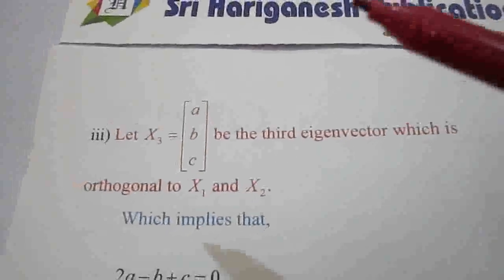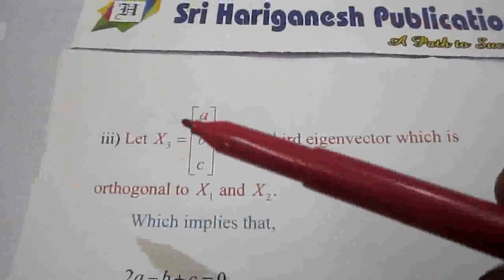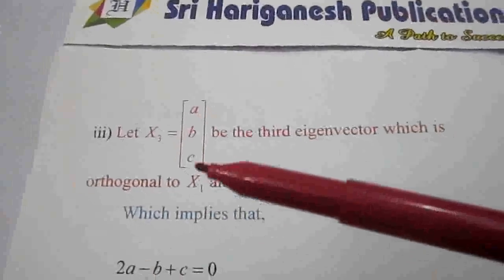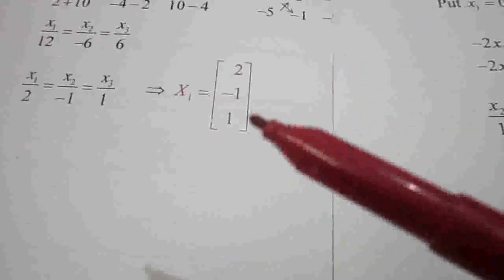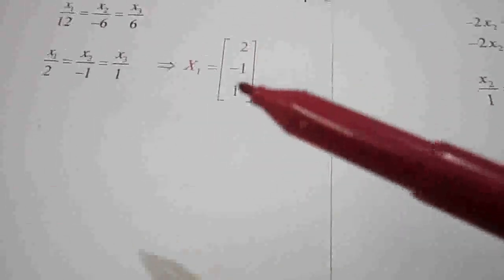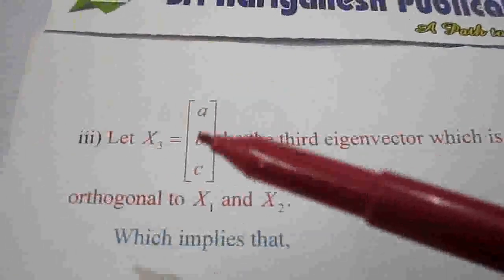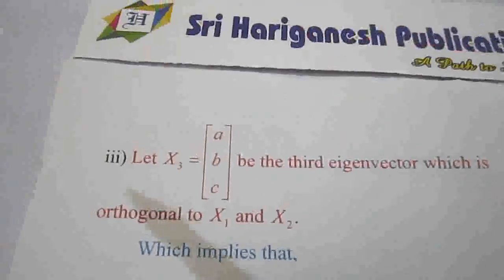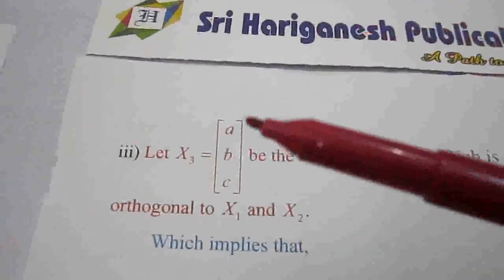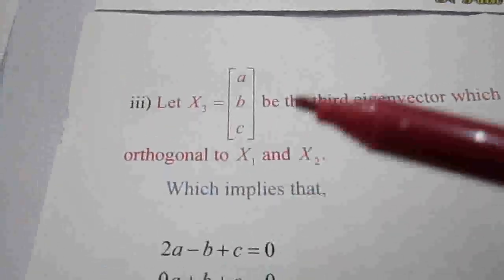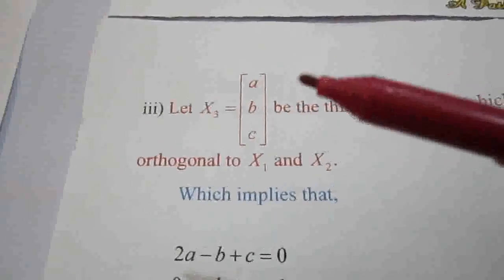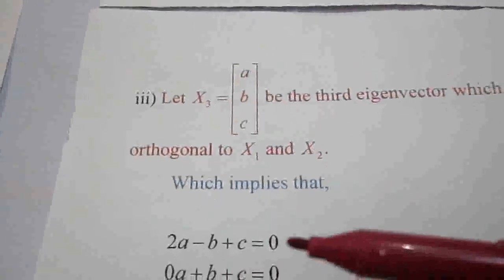So x1 and x3 are orthogonal. The x1 eigenvector is 2, minus 1, 1 and x3 is A, B, C. Multiply these two: 2 into A, 2A; minus 1 into B, minus B; 1 into C, C, which is equal to 0, because x1 and x3 are orthogonal.